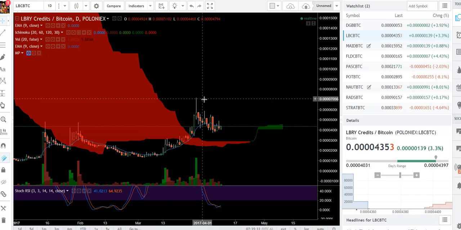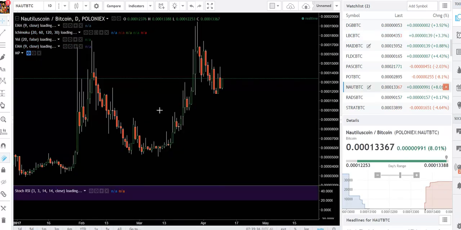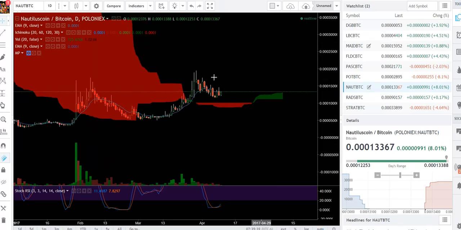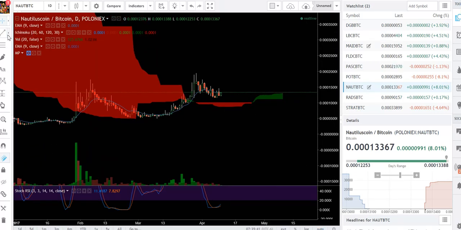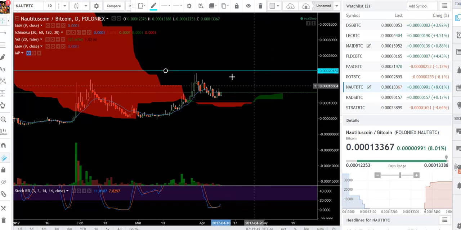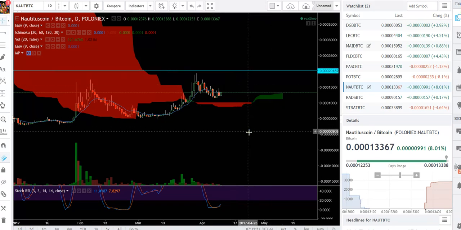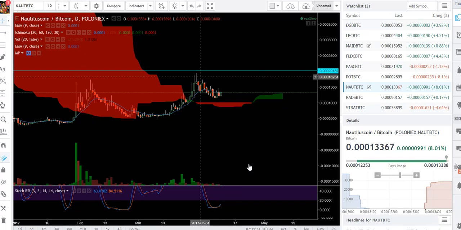But going back to Nautilus coin, the first target was 20 on this. Let's say the first target is right about here, 20 or so. That's a little bit higher, but it's hard to get the exact movement, I'm sure you know. So this was our first target, and we missed it. It did not reach our first target.